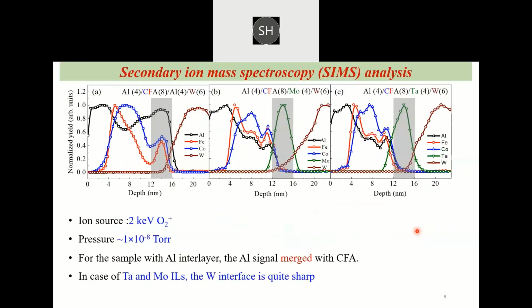To reconfirm the smooth quality of our heterostructure, and also to chemically identify the different layers, we have also performed secondary ion mass spectroscopy on a few selected samples involving the interlayers, and we see that the tungsten and CFA interlayer surfaces are very smooth.